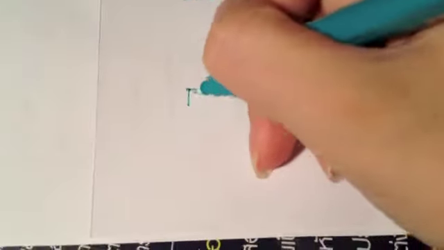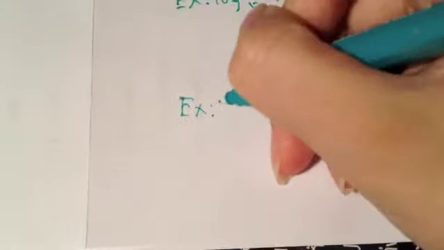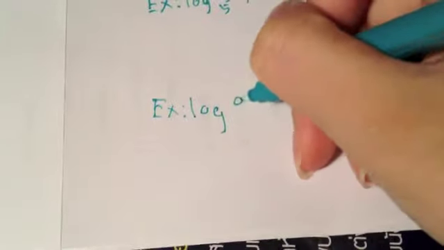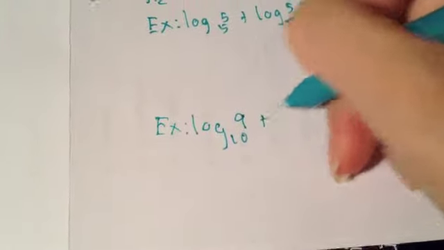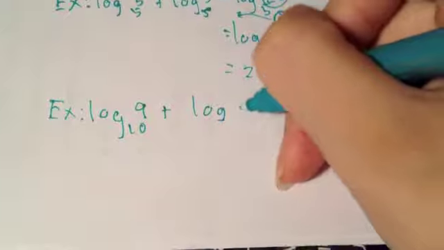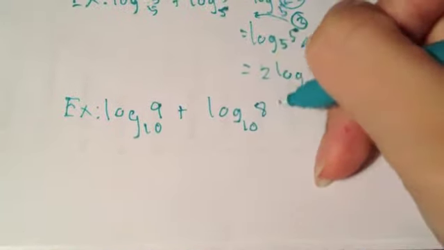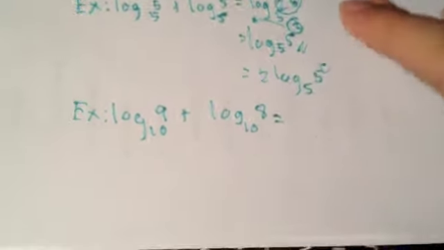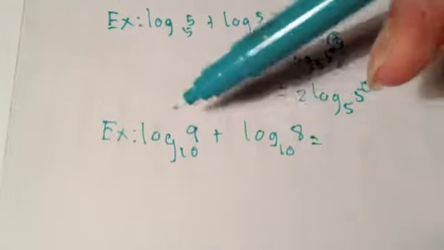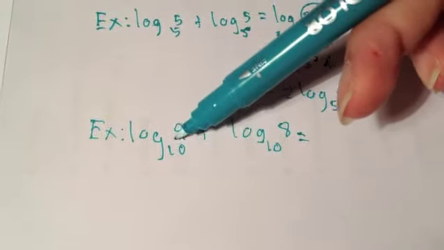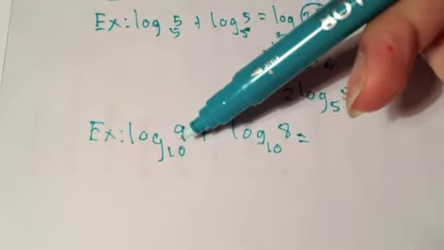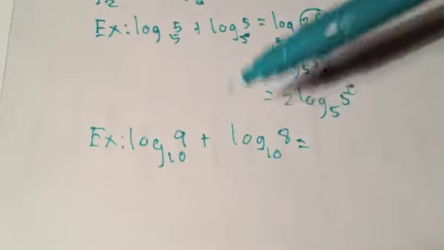And the last example, but not the least, log 9 in base 10 plus log 8 in base 10 is equal to. As you can see from these questions, we have the base 10. Do you remember property 5?